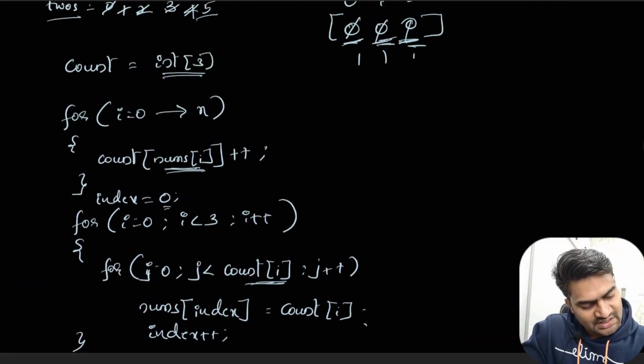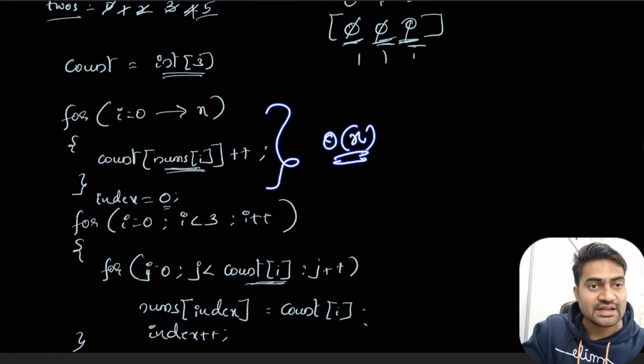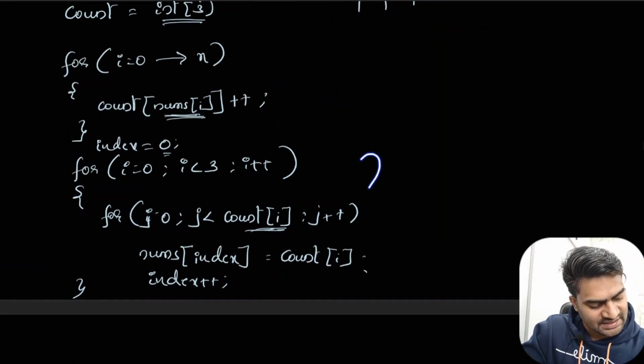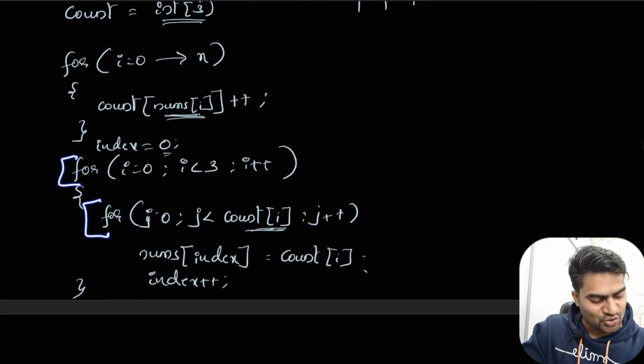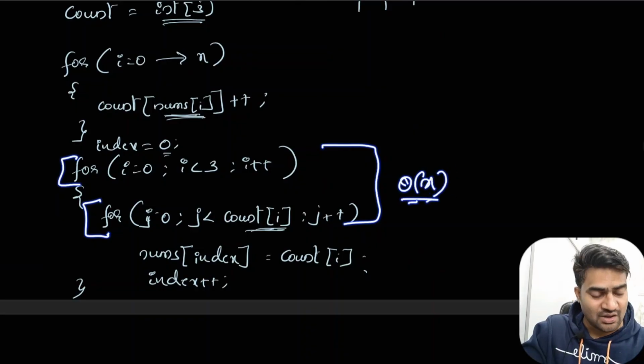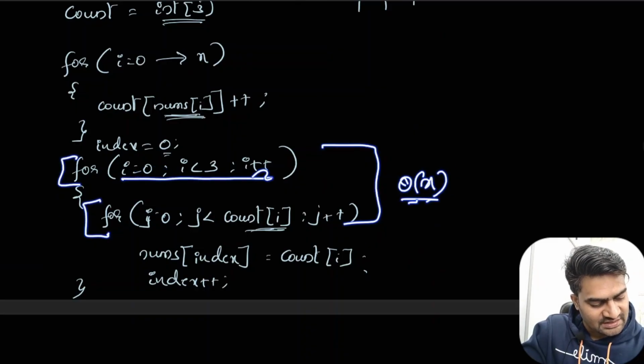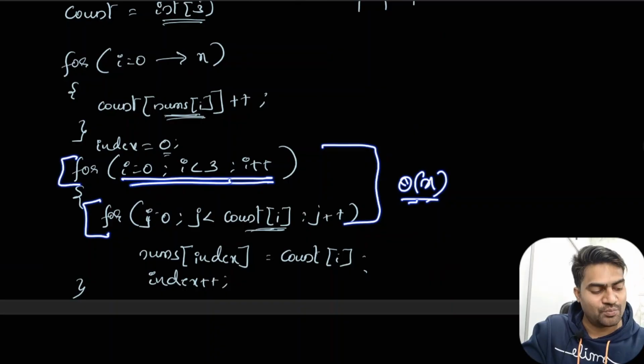Now if you see, the first iteration is of order n, it will simply count the 0's, 1's and 2's. Then in the second iteration, even though there are 2 for loops, it is only of order n. How? If you see here, this for loop will run only for 3 times.